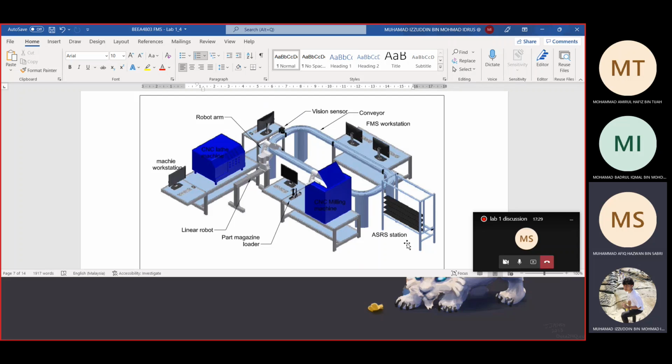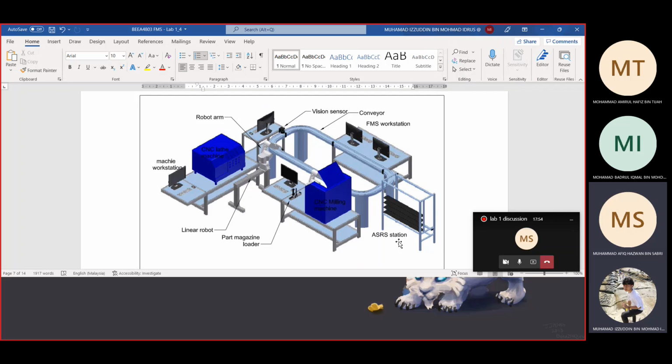This subsystem provides transportation to the pallet between the various processing stations. For the third, we use the flexible manufacturing subsystem, also called the CNC milling machine or the CNC turning machine. This system consists of a CNC milling center, a pick and place and a material handling unit.